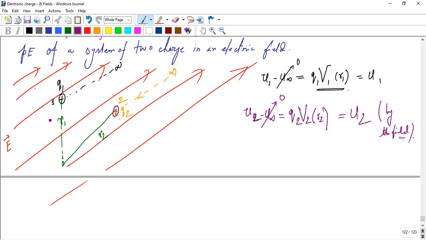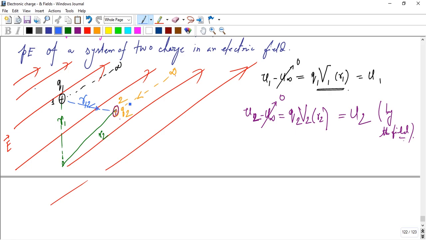Now see the diagram very carefully. Before Q2, the Q1 charge is present in the system, and Q1 also creates an electric field and a potential. Here the distance is R12. So when Q2 is brought from infinity to point 2, work must be done against the external field and also against the field produced by Q1, because Q1 and Q2 are both positive, so there is a repulsive force.